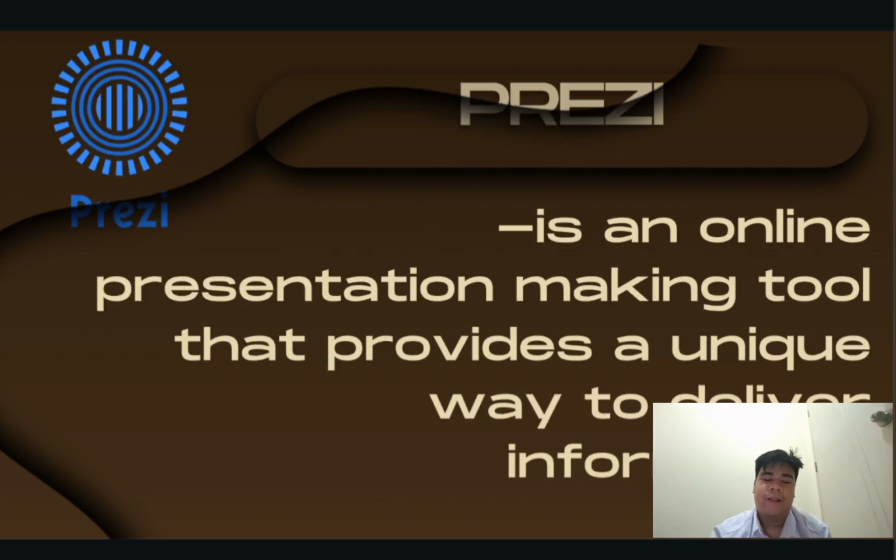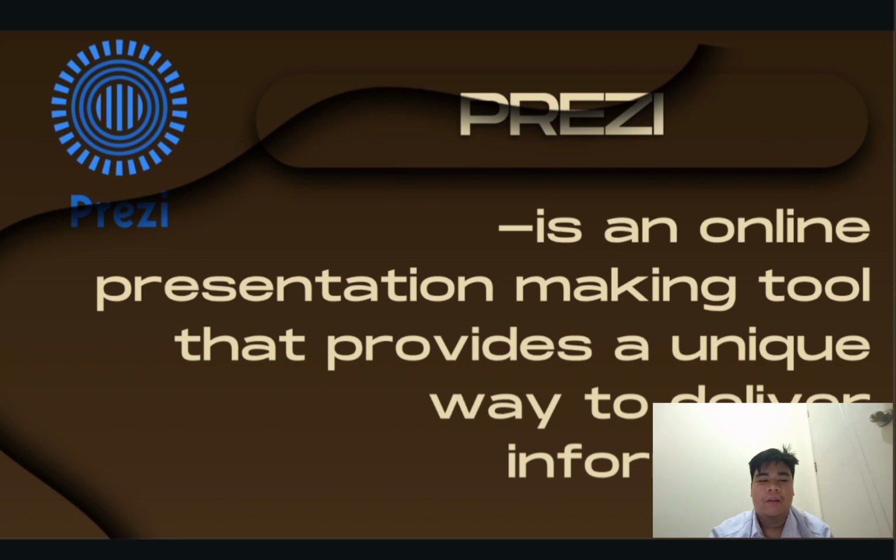Next is Prezi. Prezi is an online presentation making tool that provides a unique way to deliver information. Prezi now has AI that helps users to create their presentations more efficiently.